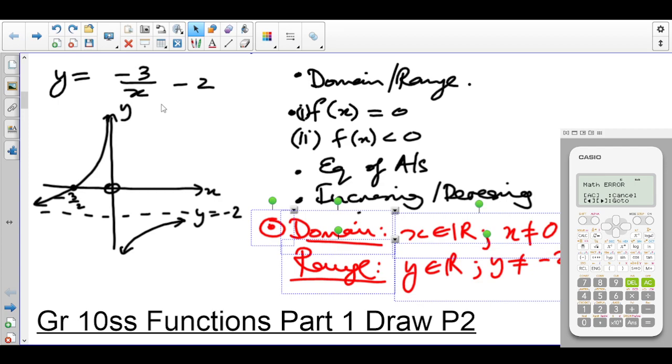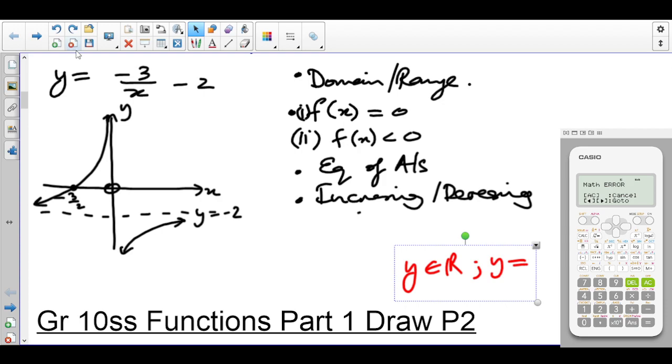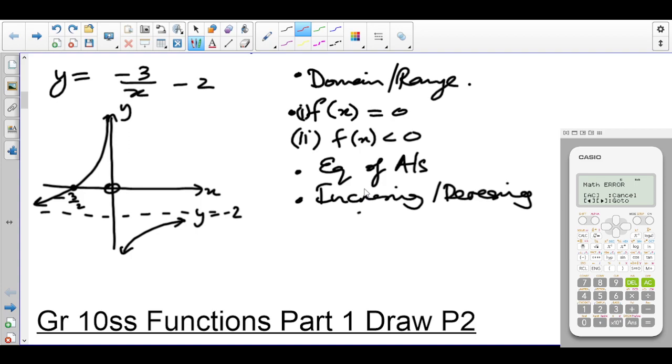Right. Let's look at the next question. Now, remember this is f. Where is f of x equal to 0? The x-axis, where it cuts the x-axis, which is x equal to negative 3 over 2. Where is f of x less than 0? What does less than 0 mean?